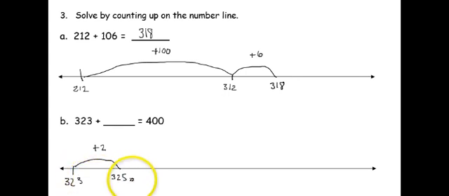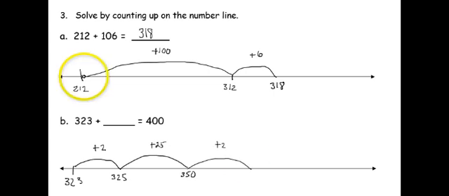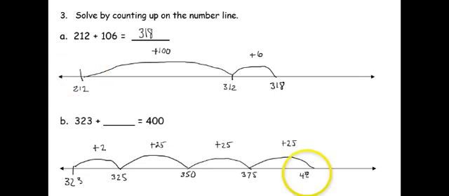Now from here, I could do one big hop of 75 to take me to 400, or I could do 3 hops of 25. That would take me to 350. The second hop would take me to 375. And the last hop would take me to 400.